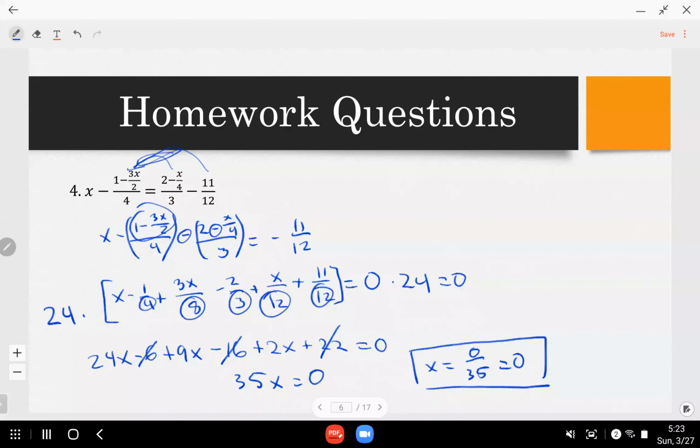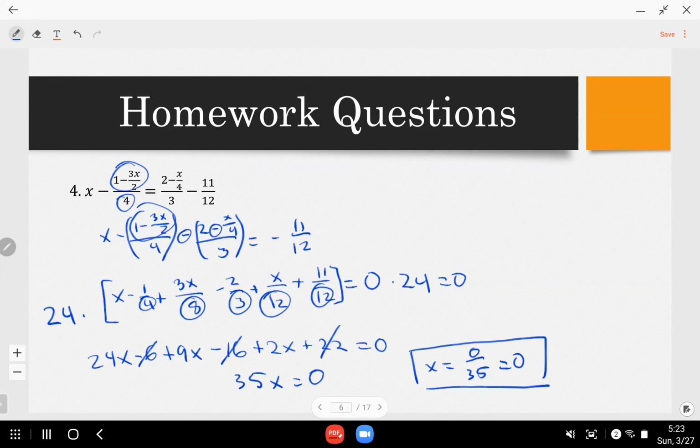And then since we're dividing, for example this, dividing both by 4, it's going to be negative 1/4 plus 3x over 2 over 4, which is plus 3x over 8. And then you multiply everything by the common multiple, 24. Then you can get your answer. So it's not that hard.